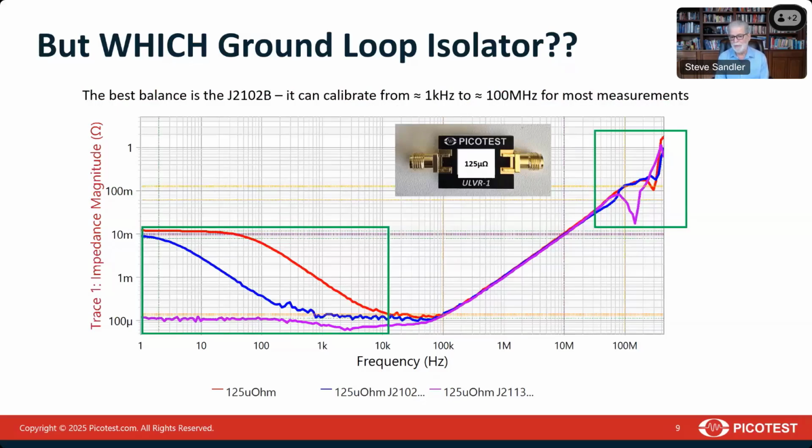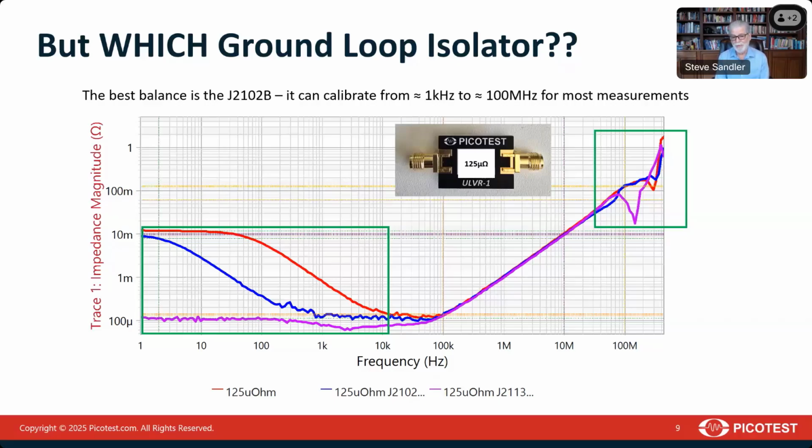In the purple trace, I'm showing a 125 micro-ohm measurement using our J2113 solid state isolator. And you can see that that does correct the ground loop all the way down to 1 hertz. And in fact, it goes all the way down to DC.